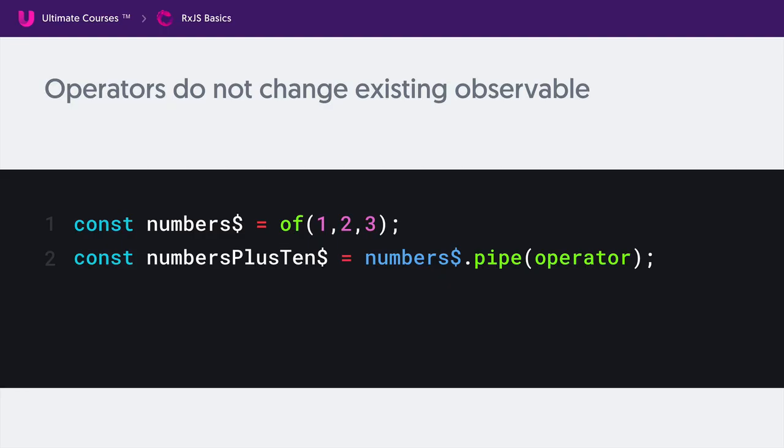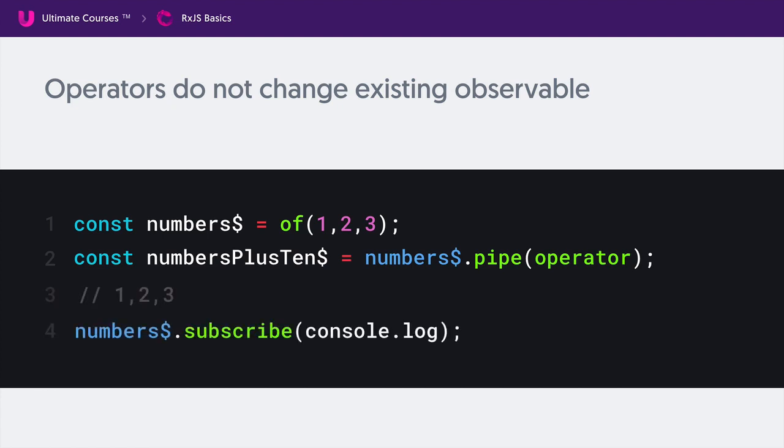We now have two separate observables, an observable of numbers and an observable of transformed numbers that we could then use to compose additional observables if we want. This behavior lets us compose streams from other streams without fear of impacting the underlying source. So in this example, even though we are creating a numbers plus 10 observable by applying an operator to our numbers observable, numbers is not impacted. We will explore this concept in much more detail in upcoming lessons.